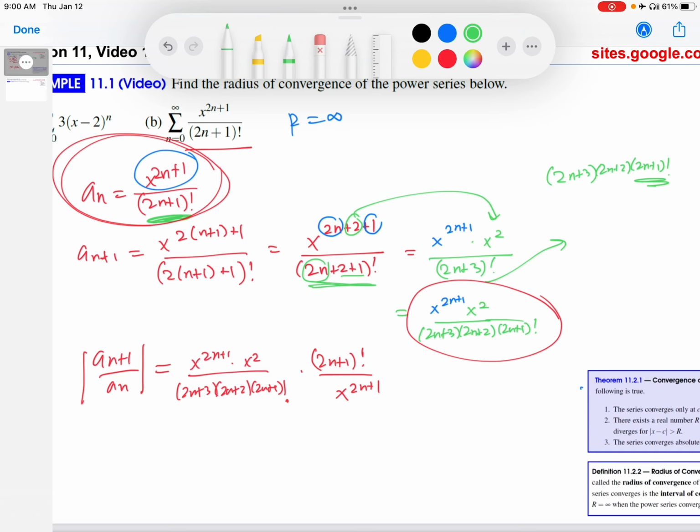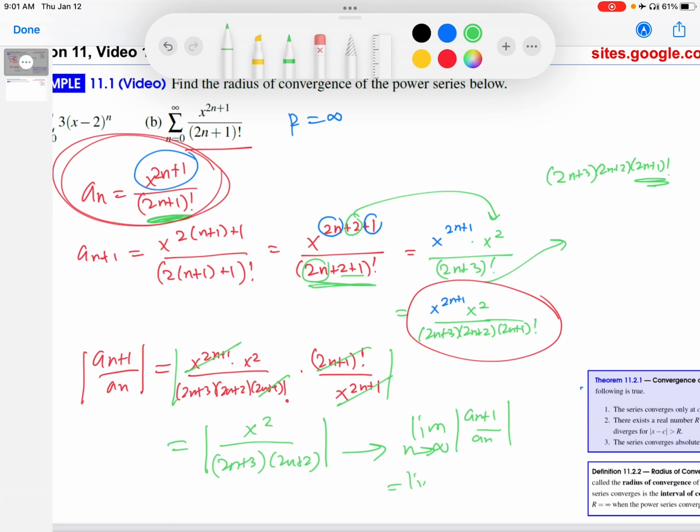X to the 2n plus 1, those cancel. 2n plus 1 factorial, that cancels there. And everything is absolute value. So I have absolute value of x squared over 2n plus 3, 2n plus 2. Okay, and then now I take the limit as n goes to infinity of this ratio of successive terms in absolute value. That's the limit as n goes to infinity of x squared over 2n plus 3, 2n plus 2.